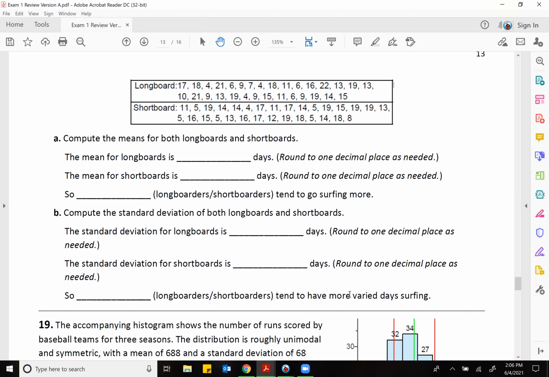Long boarders, because they have a higher standard deviation. So to run down our blanks real quick: 12.6, 13.2, short boarders, 5.6, 5.1, long boarders.